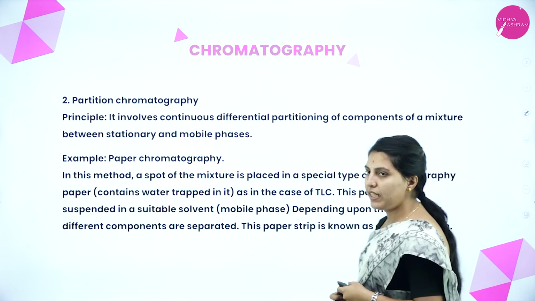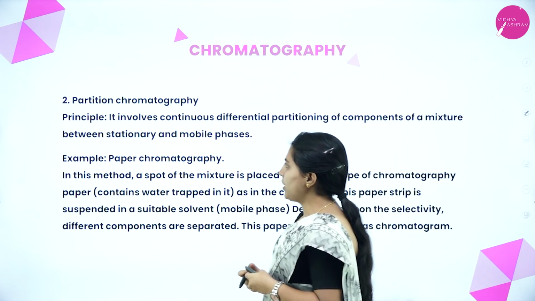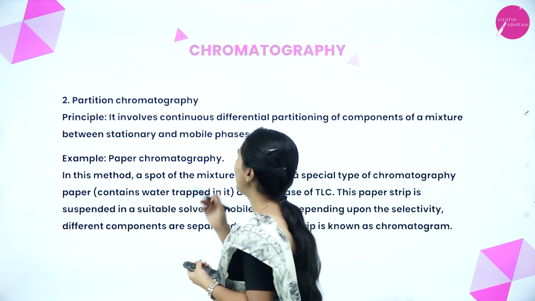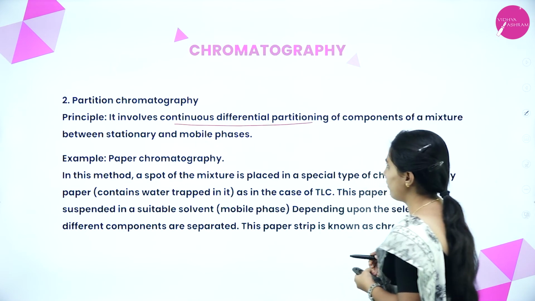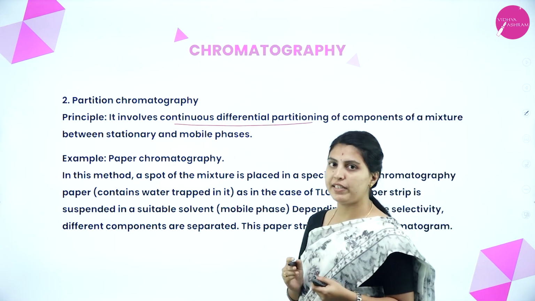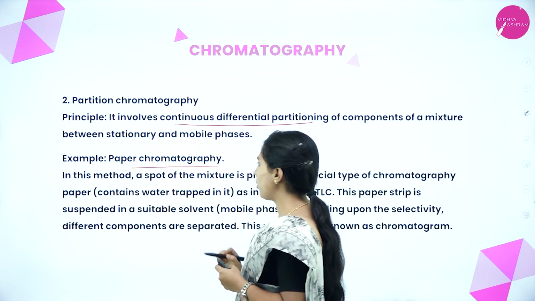Next is partition chromatography. It's the second type of chromatography in the classification. What does the principle say? It involves the continuous differential partitioning of the components of a mixture between the stationary and mobile phase. Not only one time, it will be done continuously. An example is paper chromatography.